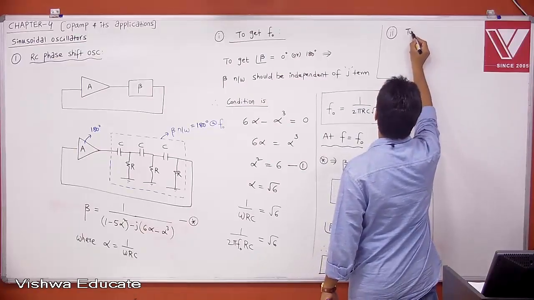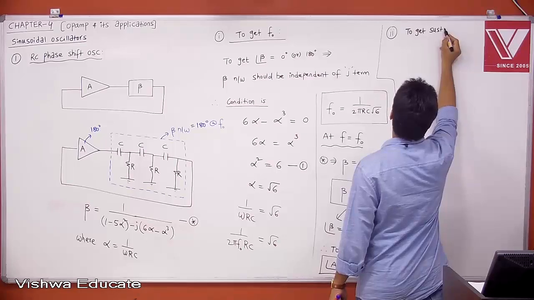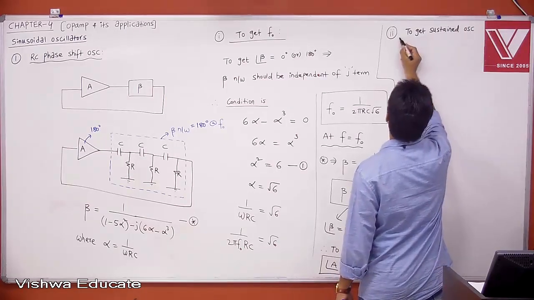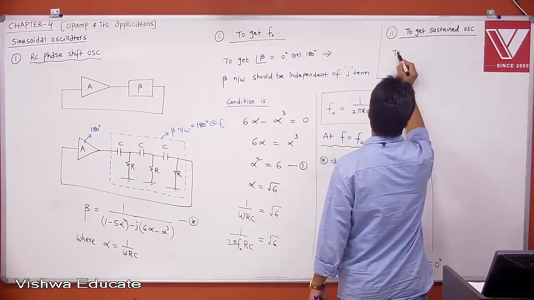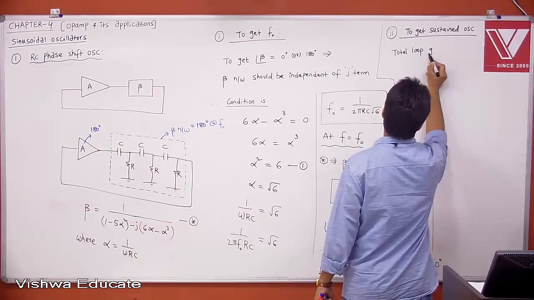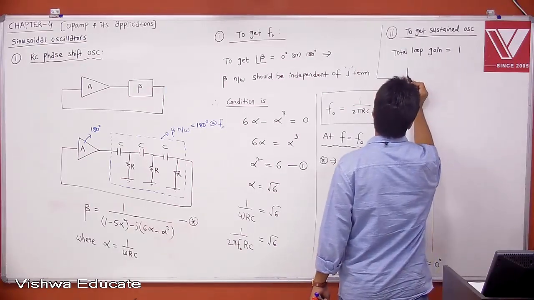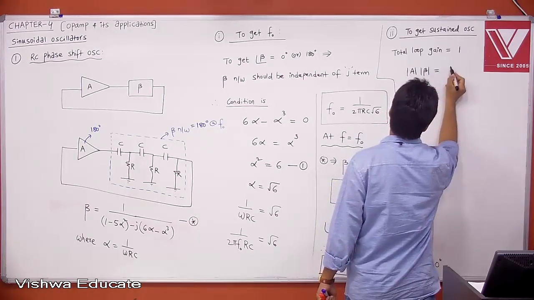Therefore, tell me, to get sustained oscillations, the total loop gain, which is magnitude, must be equal to unity. That is, mod A into mod beta should be equal to 1.